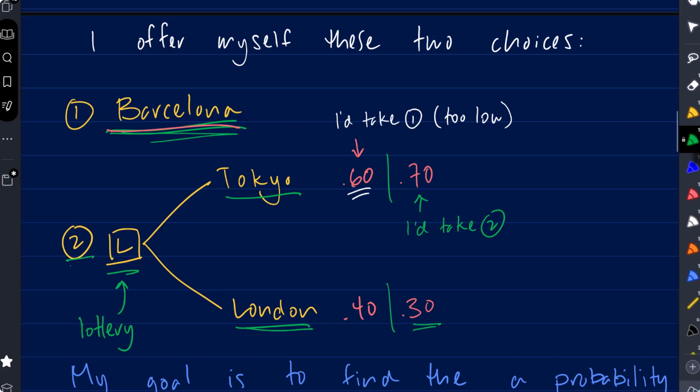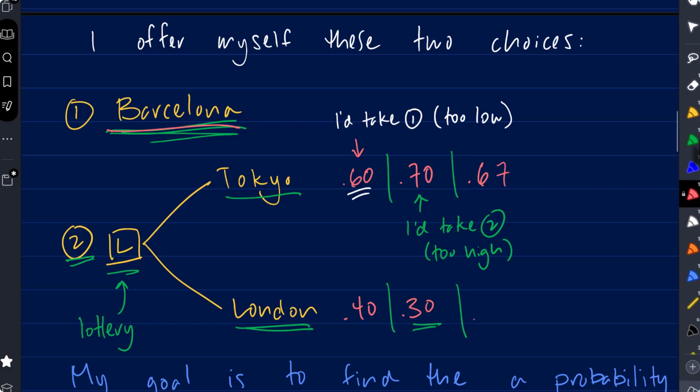I'd take choice two. Okay, so that means that this probability is too high relative to finding where I'm indifferent. So I need to find something that's lower, something between 0.6 and 0.7. When I was thinking about this earlier, I tried 66, but that's not quite right.